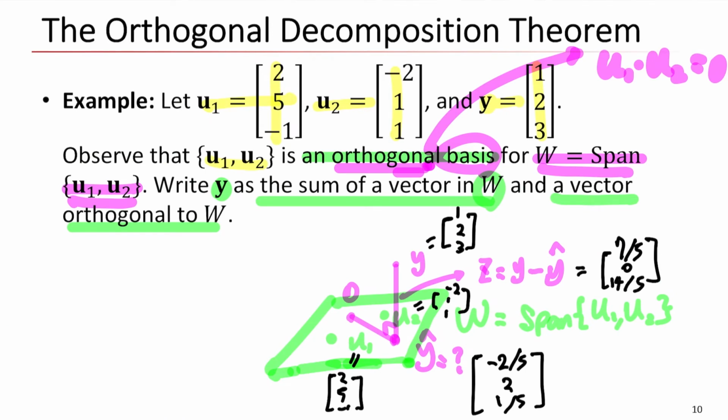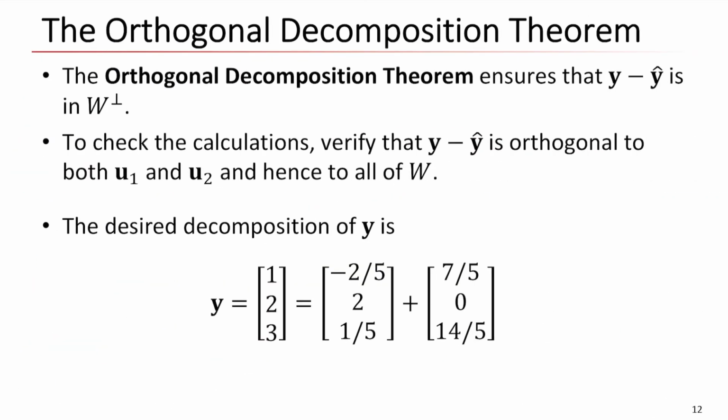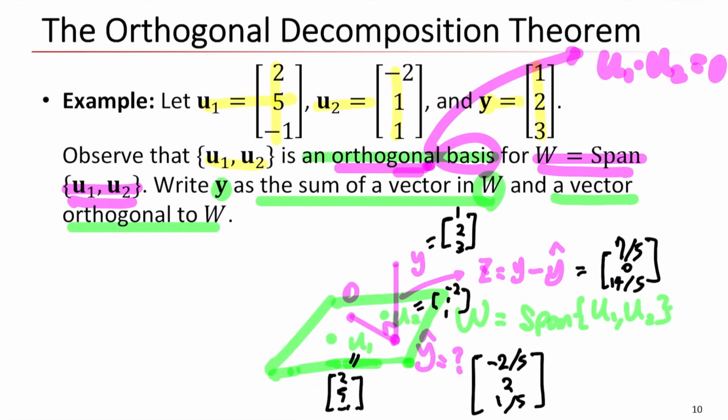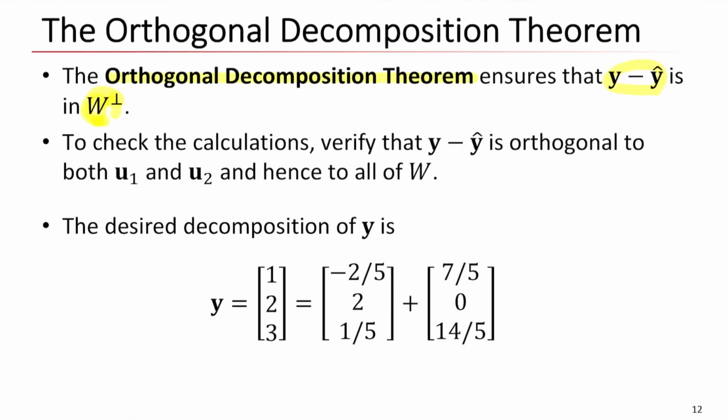This is the orthogonal projection of the arbitrary vector y onto the subspace W. The orthogonal decomposition theorem ensures that y minus y hat, or z, is in W perpendicular space.